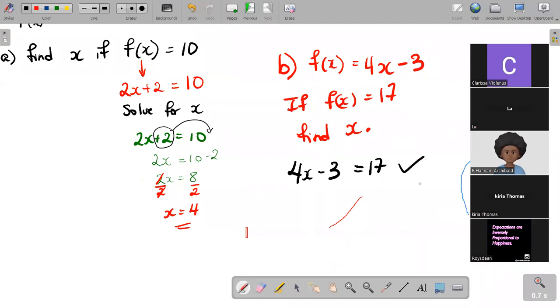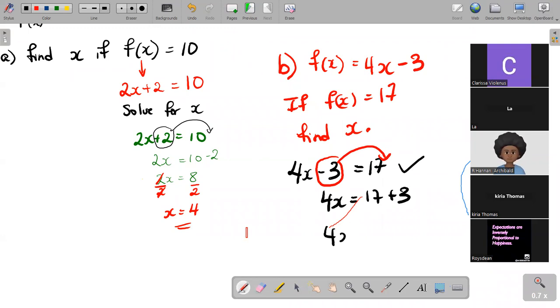Did you set it out properly like this? Okay, what do we get rid of first? We get rid of the minus 3 first by carrying it over. And when it goes over, what does it become? Plus 3, right? So we're going to end up with 4x is equal to 17 plus 3.